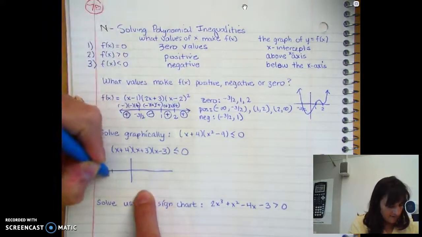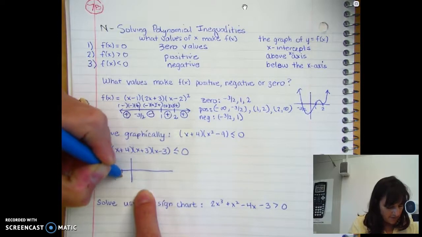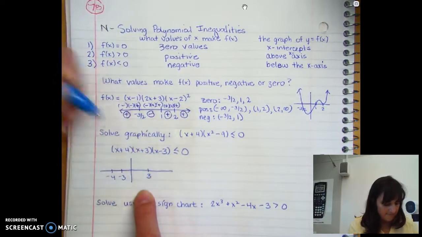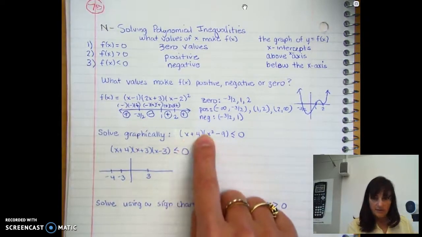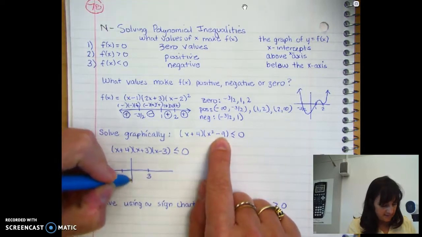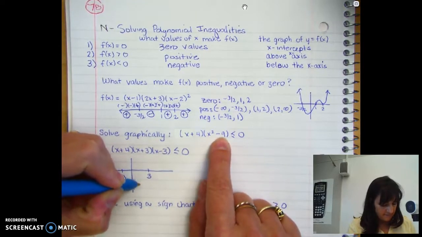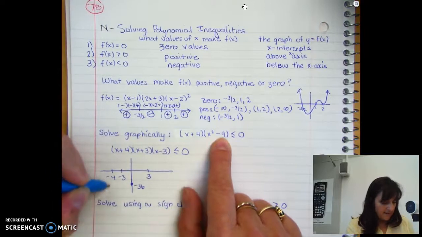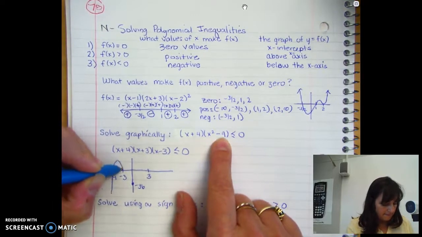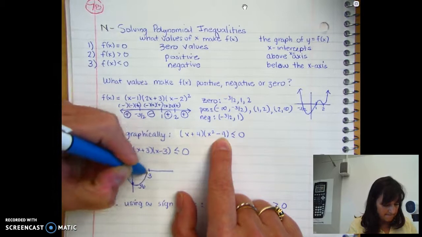So if we lay those 0 values on here, negative 4, negative 3, and 3, this is a cubic polynomial. We could calculate the y-intercept. It's negative 36. I know that it's going to start low and end high.